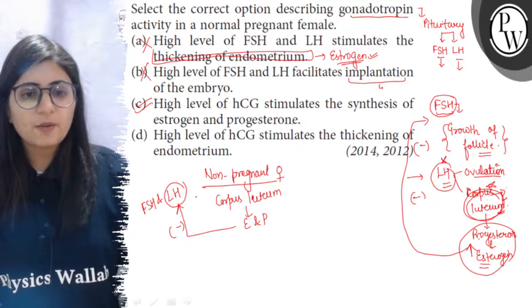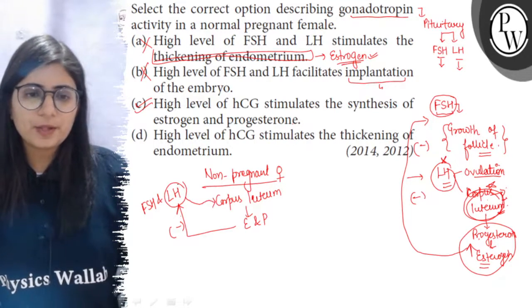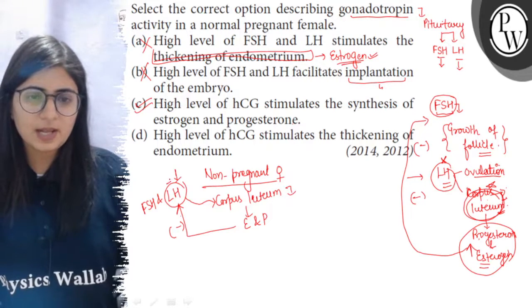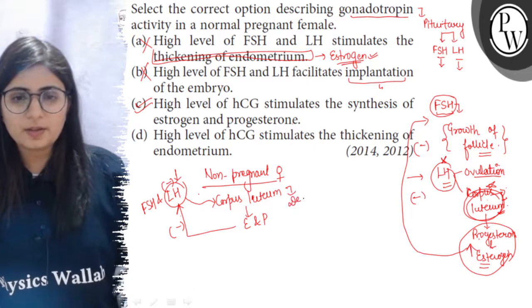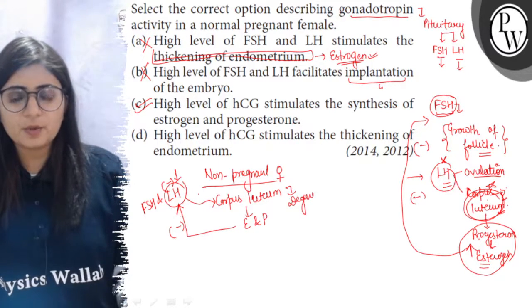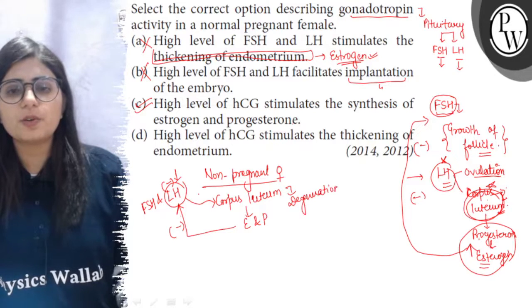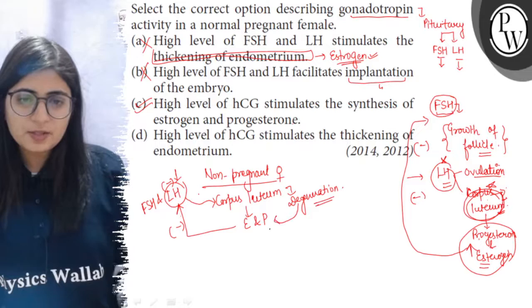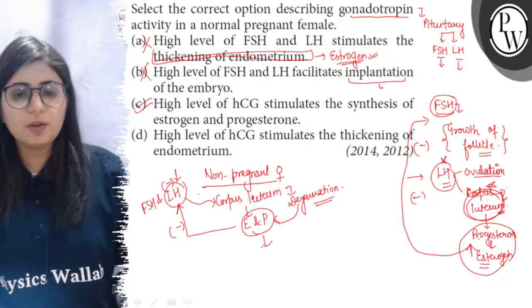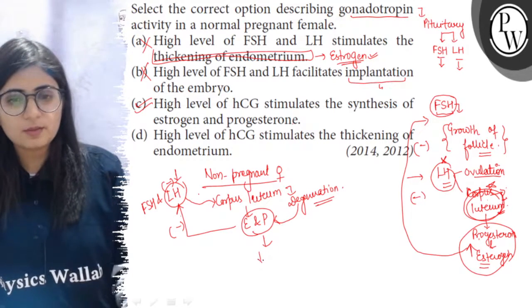LH is required for the maintenance of the corpus luteum, but when the LH level falls, the corpus luteum will degenerate and convert into the corpus albicans, and due to this degeneration the level of estrogen and progesterone will fall.